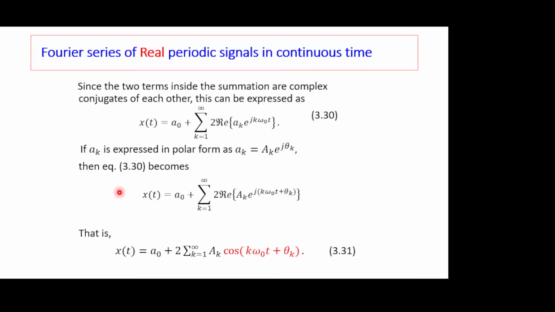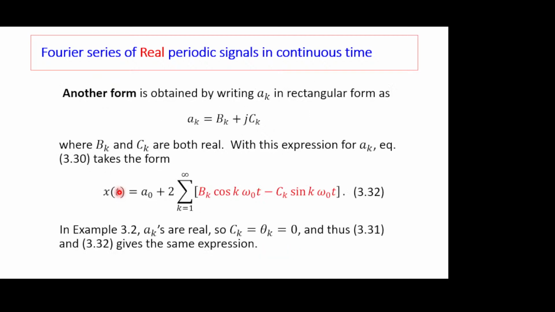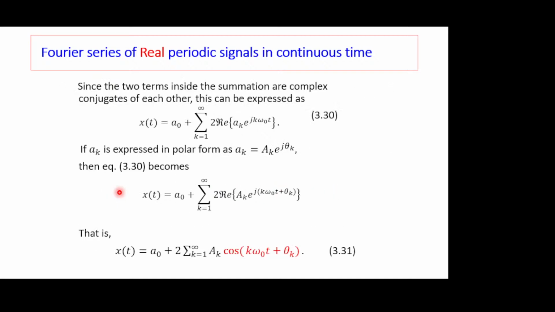Something to check, as a sanity check, is the number of degrees of freedom in your expression. For every k you have a_k and theta_k, so it's two variables for every k.